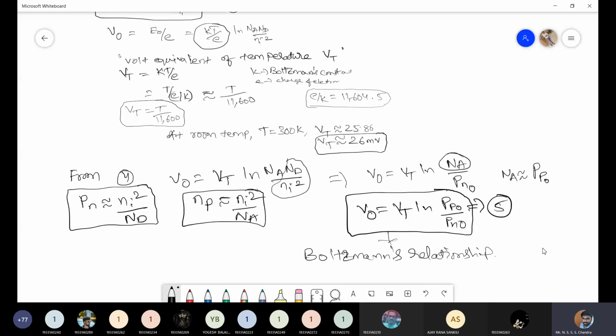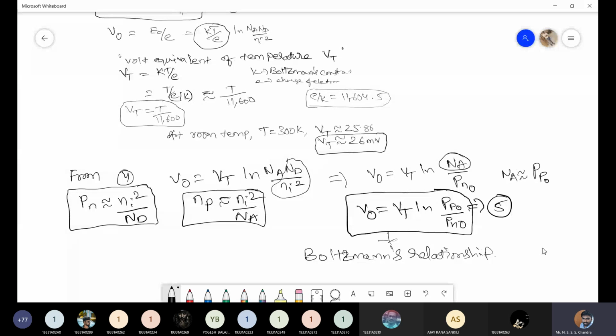So it becomes T by E by K. In the calculator, if you replace E and K values, 1.6 into 10 power minus 19 divided by the K value, which is around 1.38 into 10 power minus 23, I'm getting a number near 11,600.